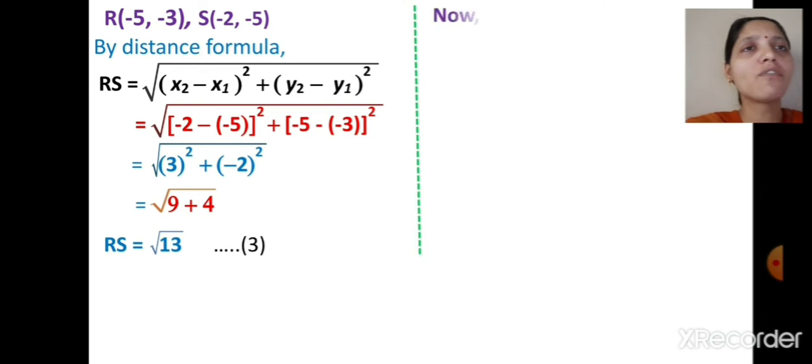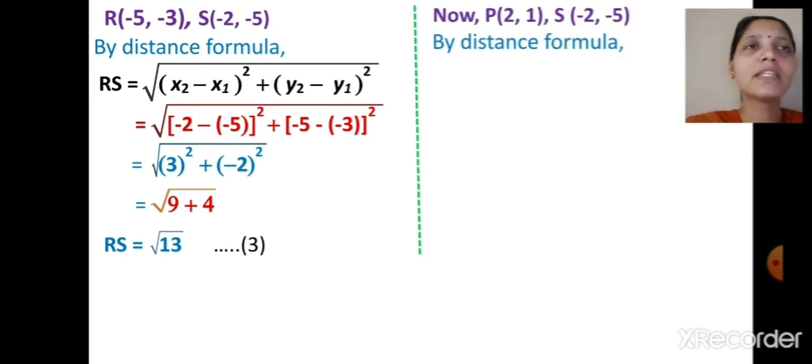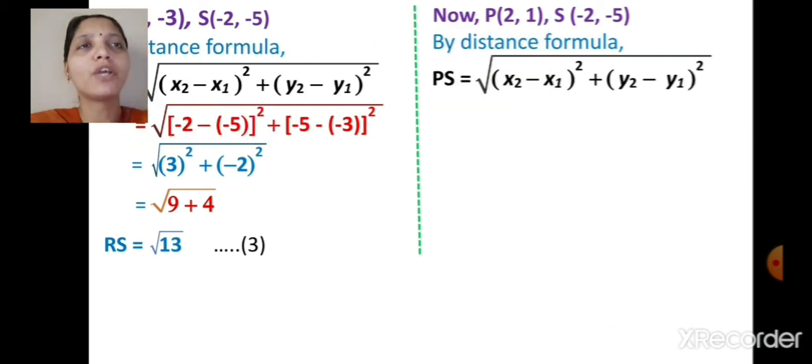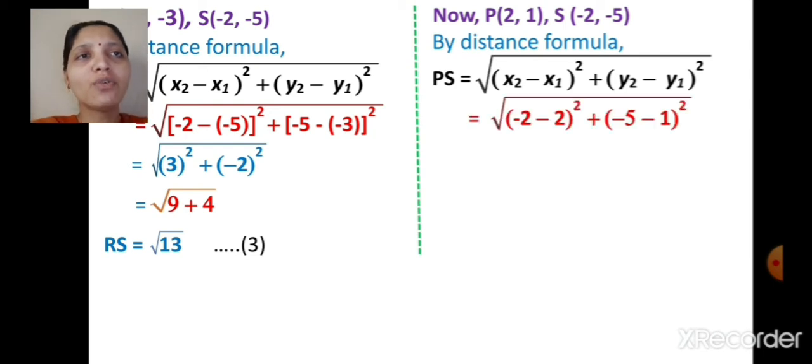So distance of PS by distance formula is equal to square root of x2 minus x1 whole square plus y2 minus y1 whole square. Now substitute the values here. x2 is minus 2, minus x1 is 2, square root bracket square plus y2 is minus 5 and y1 is 1, so minus 5 minus 1 bracket square.